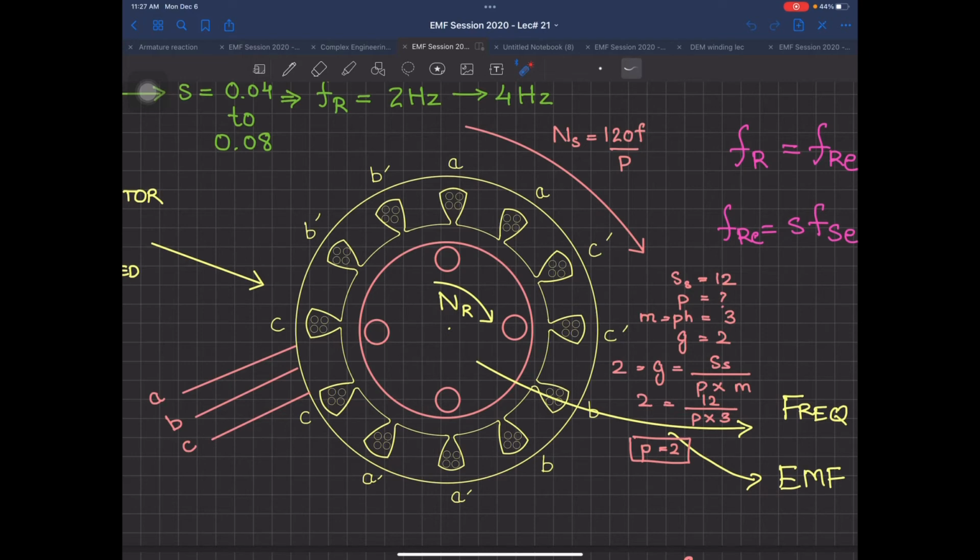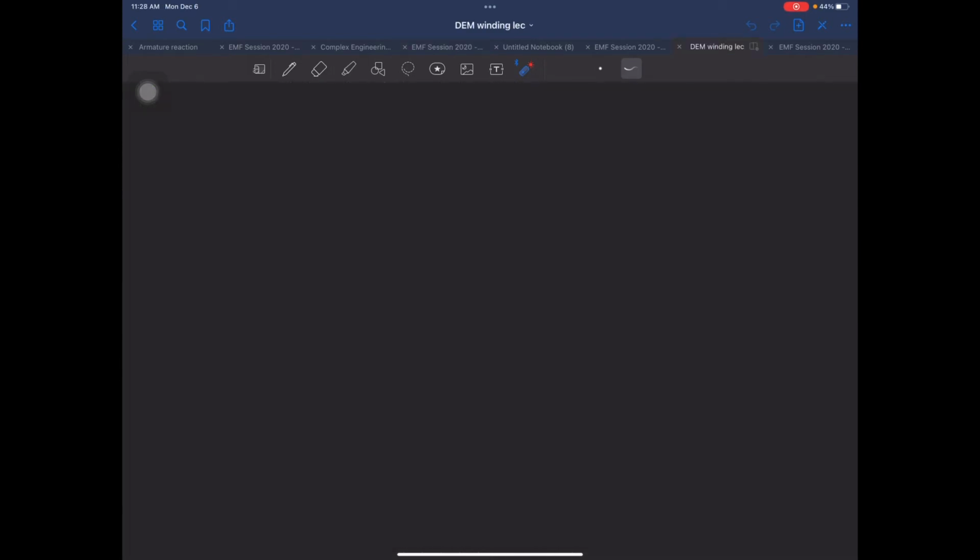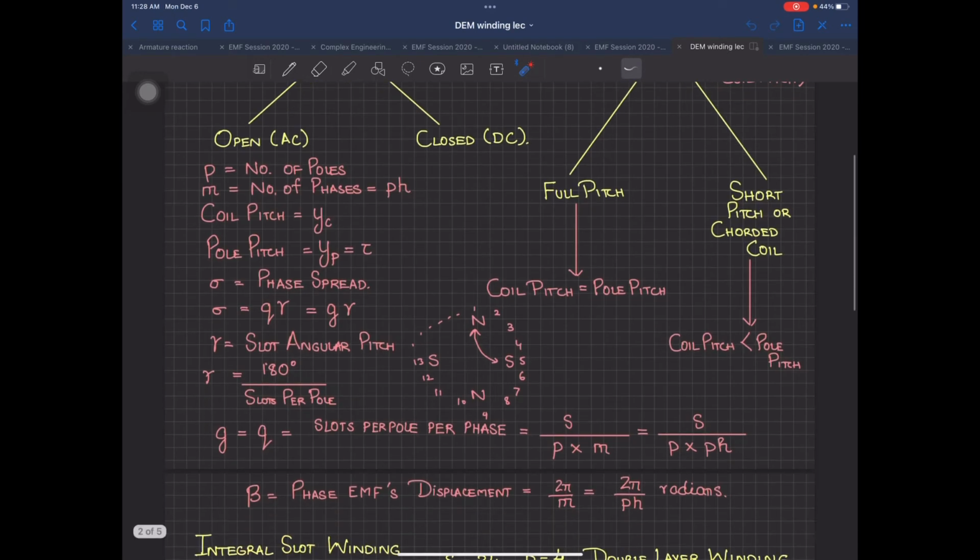But in my case, theta electrical is equal to P by 2 times theta mechanical. If you put P equal to 2, theta electrical becomes equal to theta mechanical. But if P is equal to 4, then the equation changes. Similarly, if P is equal to 6, the equation changes. So gamma angle is this angle, 180 degrees divided by the slots per pole.